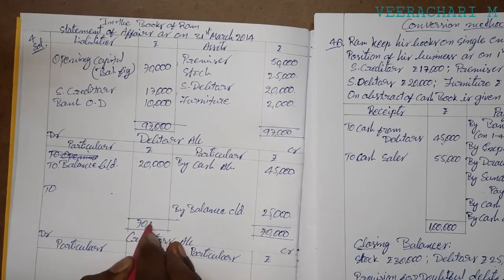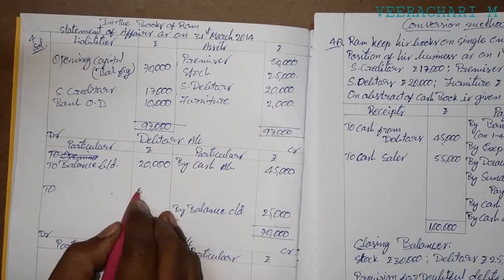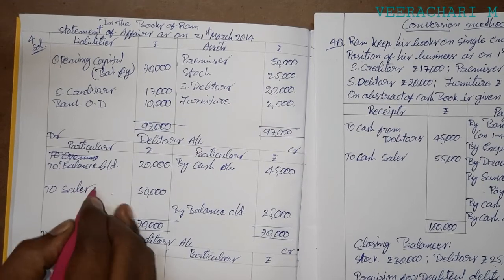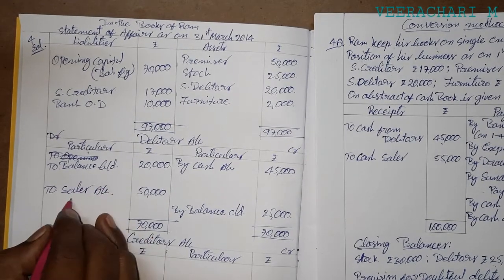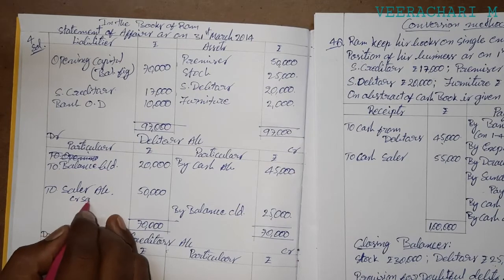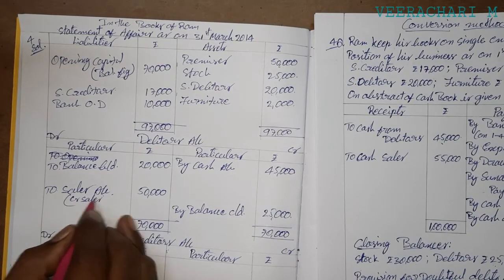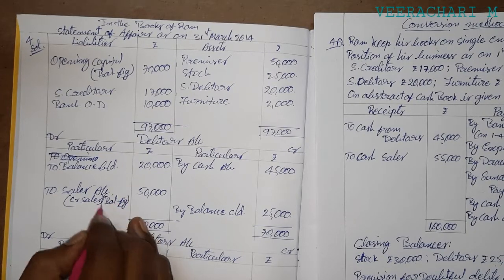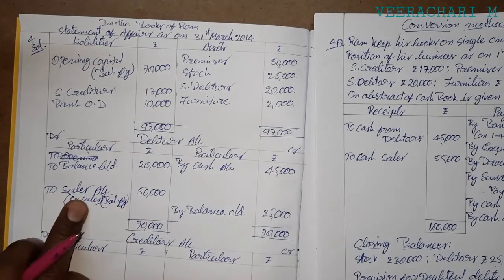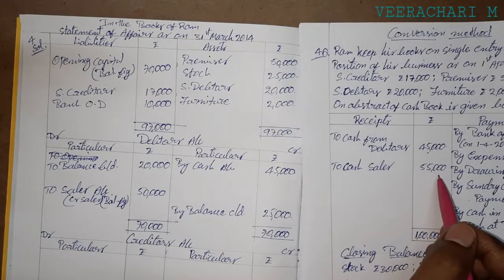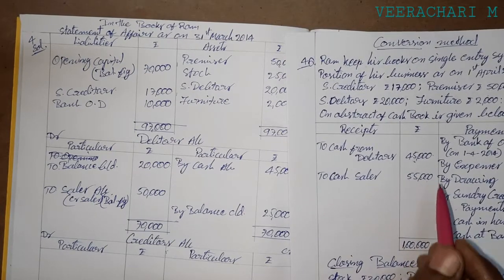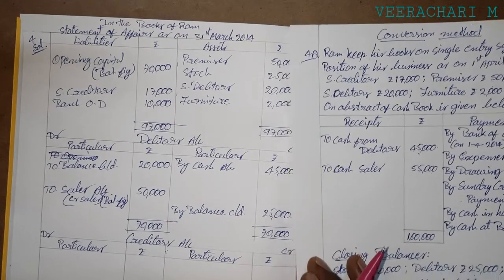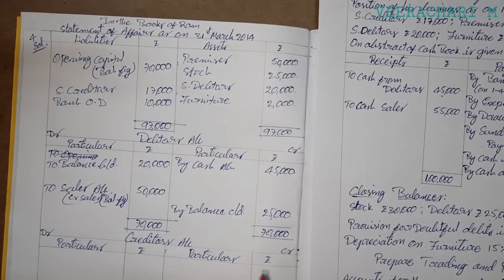On the debit side also you write 70,000, so 50,000 is credit sales, to sales account. You write it as sales account, credit sales. This is the balancing figure. We computed sales also, that is credit sales. Cash sales is already given in the question, that is 55,000.